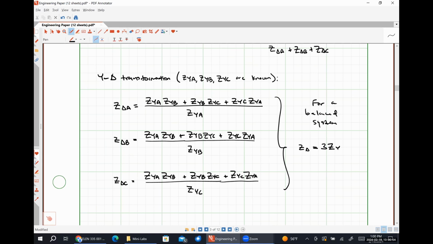So to go from a Y-connected impedance, balanced impedance, to a delta-connected impedance, I simply multiply the impedance values by a factor of 3. This only works if it's balanced. If it's unbalanced, we have to use this big ungodly equation. Okay.